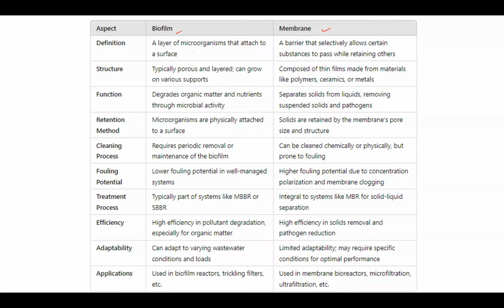Bio means microorganisms creating a film, that is called a biofilm. A membrane is another thing that we fabricate using different polymers for a specific purpose. We also add pore forming agents, and if needed specific pore sizes, like that we fabricate the membrane. The biofilm structure is typically porous and layered, and can grow on various supports, while a membrane is composed of thin films made from polymers, ceramics and metals. So you can read other things.